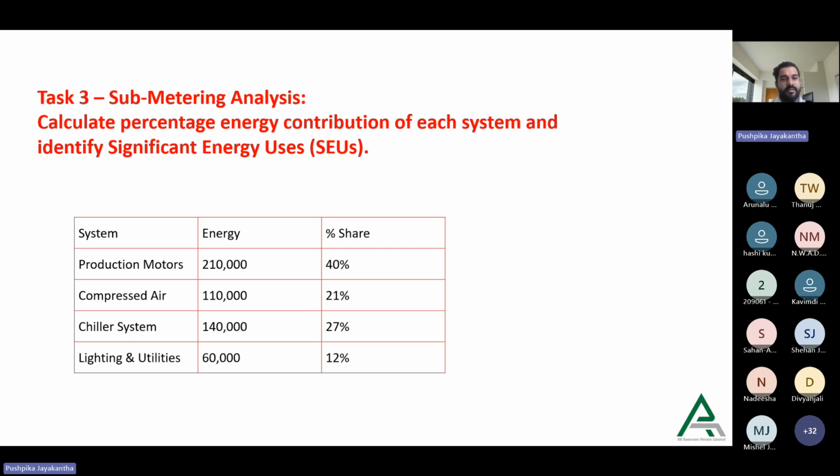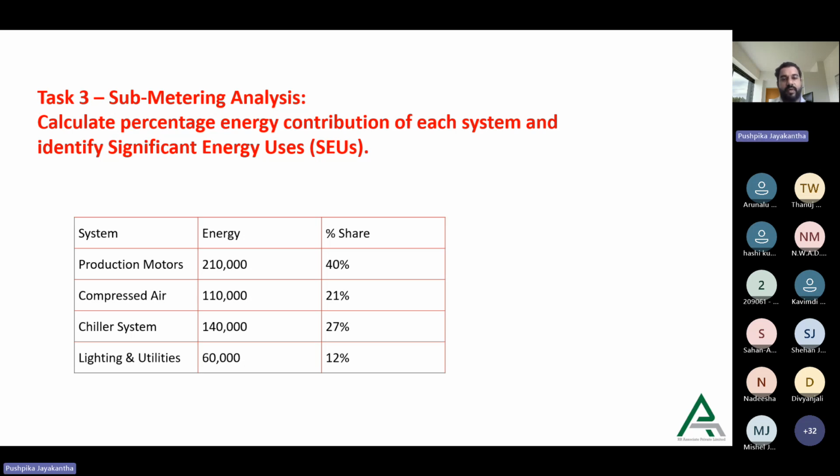So you're correct, Michelle. The production motors have a 40% contribution, compressed air 21%, chiller system 27%, and lighting and utilities 12%. So you have to first identify the total energy consumption of these four areas, and then divide each particular area's energy consumption by the total.